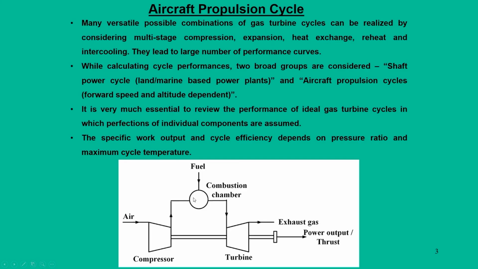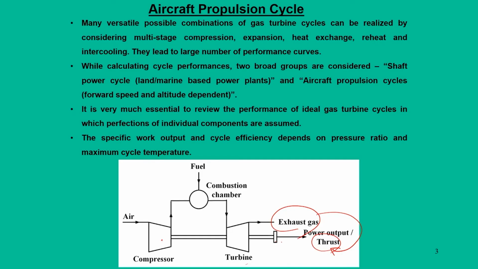This is the heat addition process, and after the combustion chamber the gaseous products expand in the turbine. Here we have two options: we can use this exhaust gas to generate thrust.